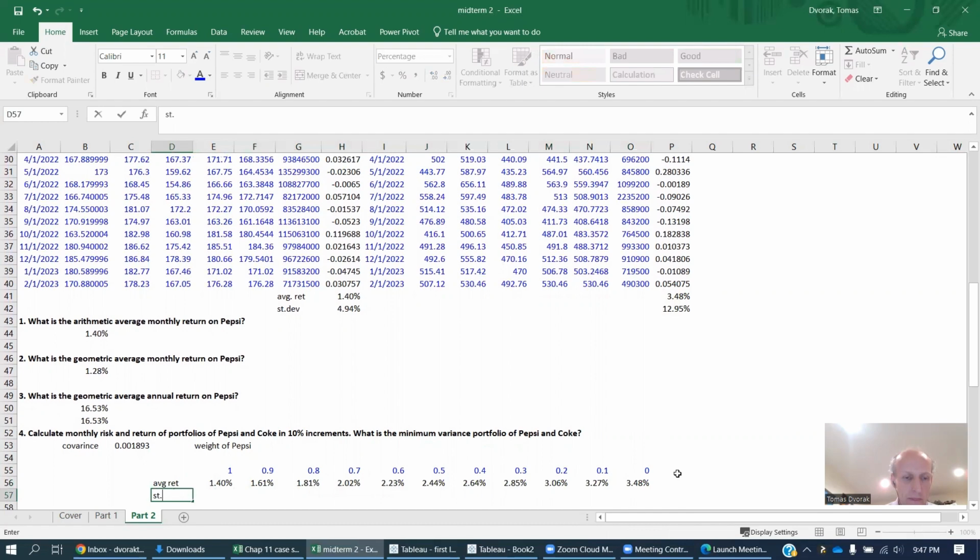Standard deviation, that's going to be the square root of, and this is a big long expression, so let's be careful about that.